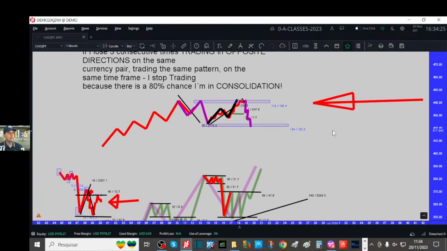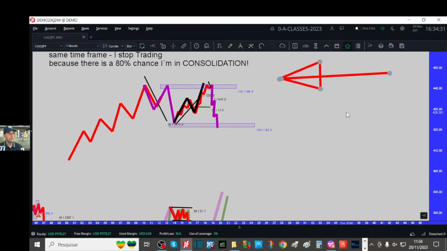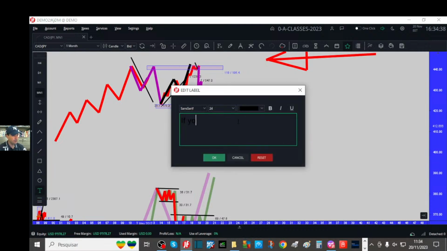so this is the first part. Now, part number 2, if you want to trade consolidation, probability wise, trade it in the direction of the previous established pattern, because consolidation eventually, why eventually?